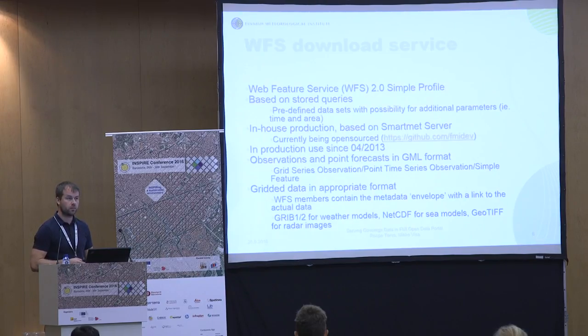That's of course in appropriate format, depending a bit on the data. Currently you can ask the web feature service what's available, and it gives you the metadata or a link to the actual data, which is then GRIB for weather models and mostly NetCDF for the sea models, and GeoTIFF for radar images.